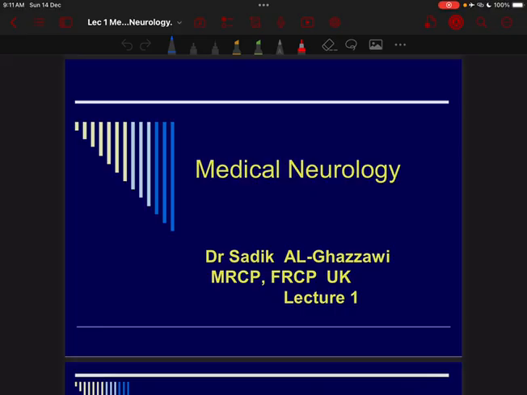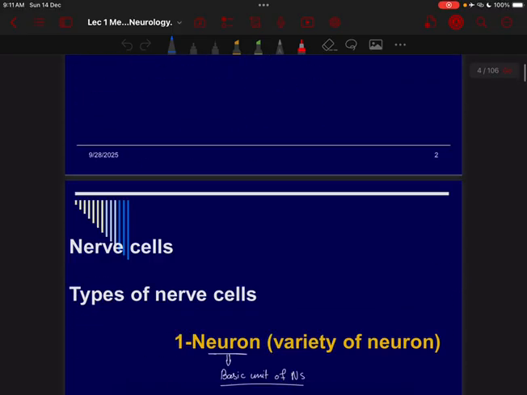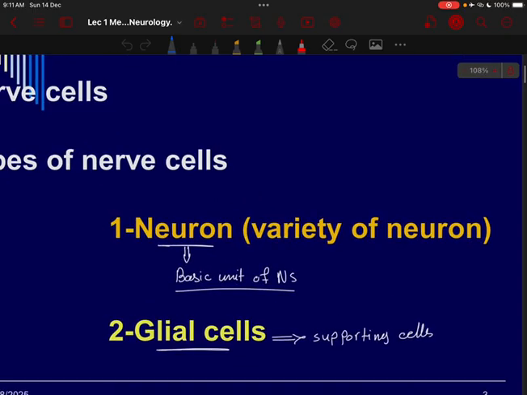Basically, the nerve cells are divided into two categories or two types. The first one is the neuron, which is the basic nerve cell, and we have a variety of neurons.